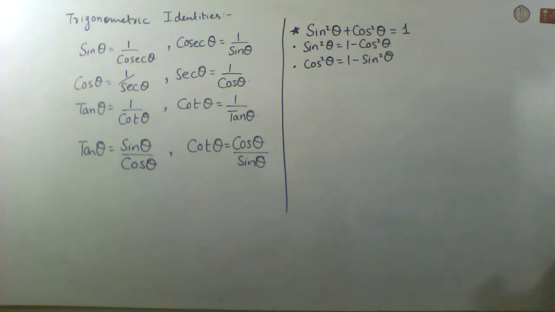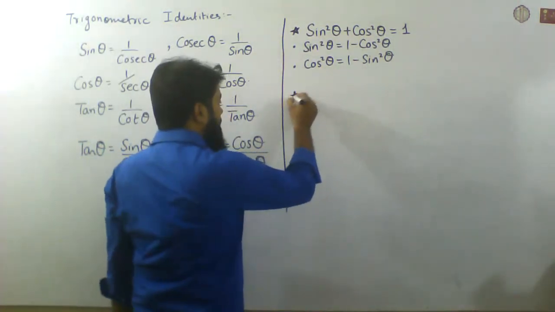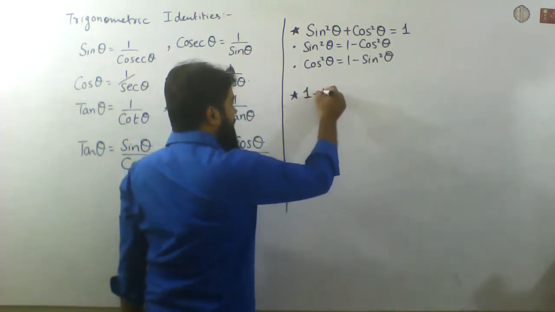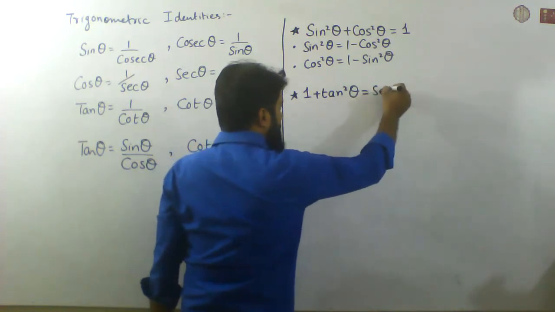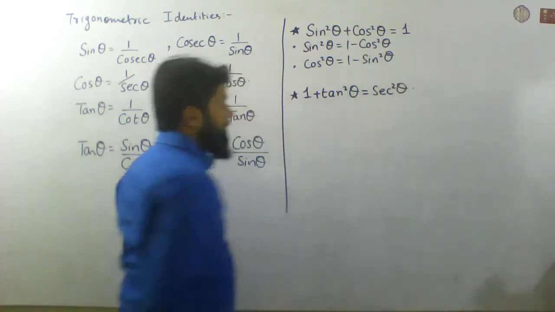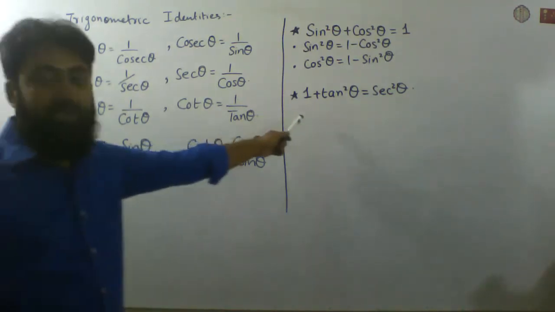The second one which we have got is 1 plus tan square theta equals sec square theta. Okay, that is another squaring property.